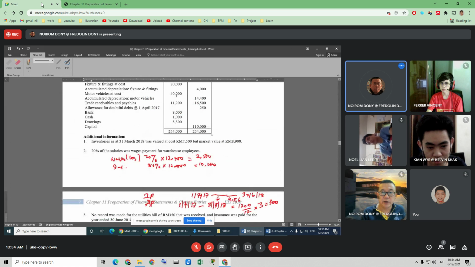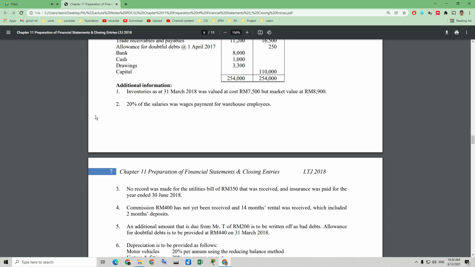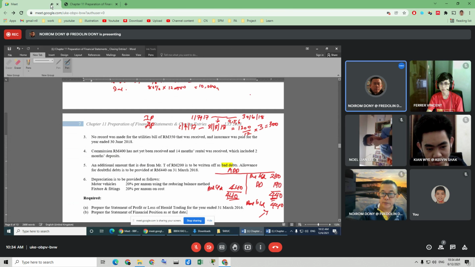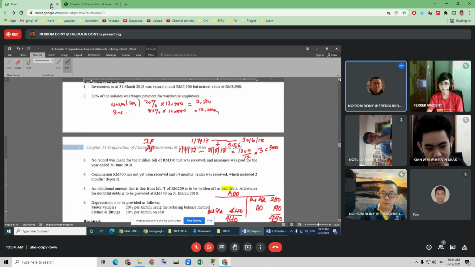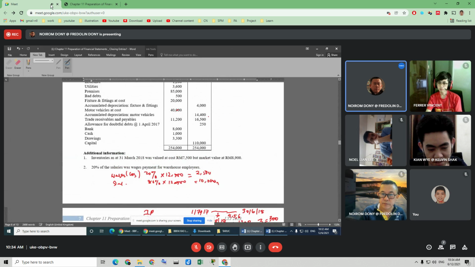Motor vehicle, 40,000 minus 14,400, to get the net book value. 40,000 minus 14,400, then you get 25,600.